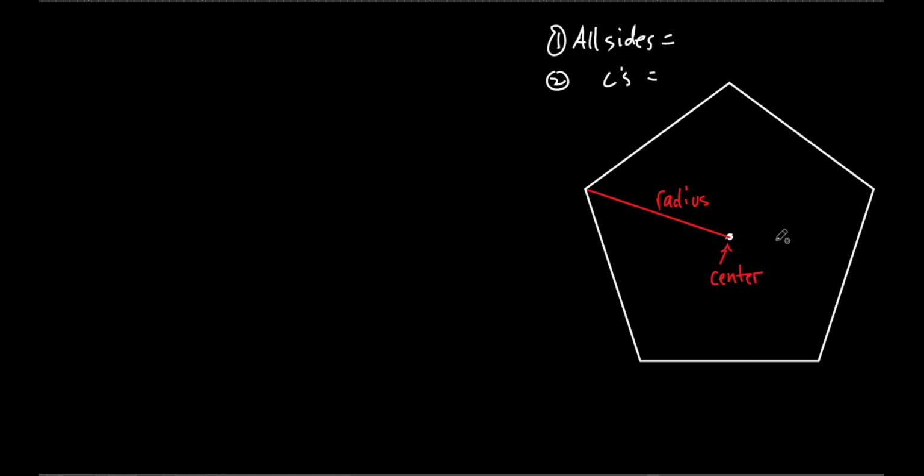It's the same distance to all of these vertices. It's not a corner, it's a vertex. If I drew another one from there to there, what's true about the distance of those two radii? They're equal to each other. So I could keep on doing that if I wanted to.